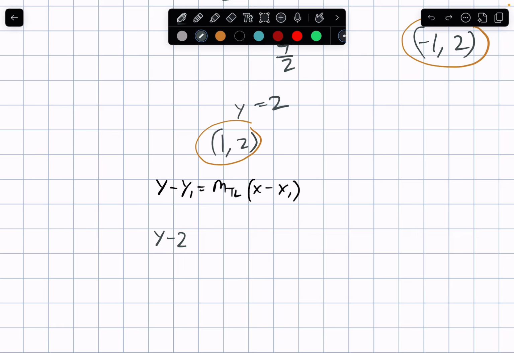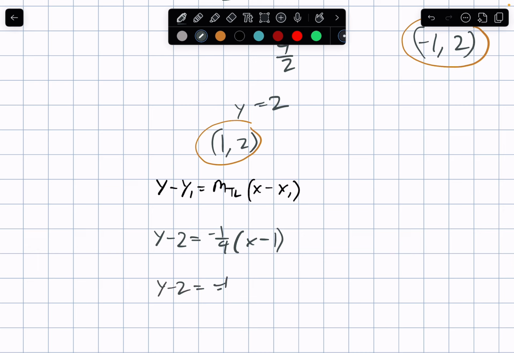So 2 as y1, MTL is negative 1 over 4, x1 is 1. And I think this is called the general form. It basically means x and y are on the left side and the constant is on the right side. That's what we're going to do.